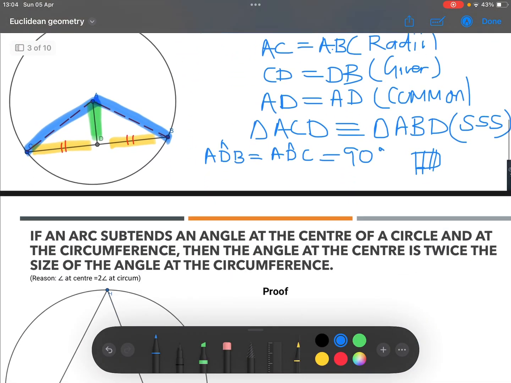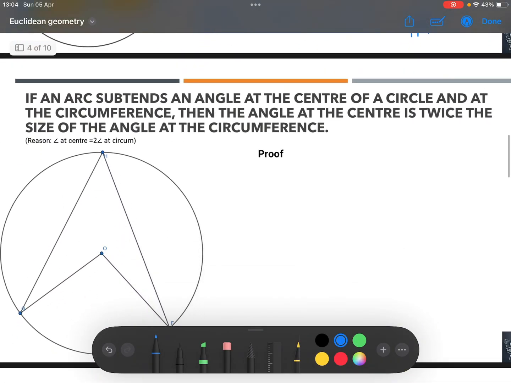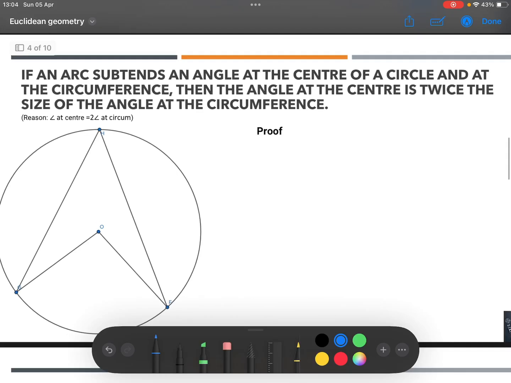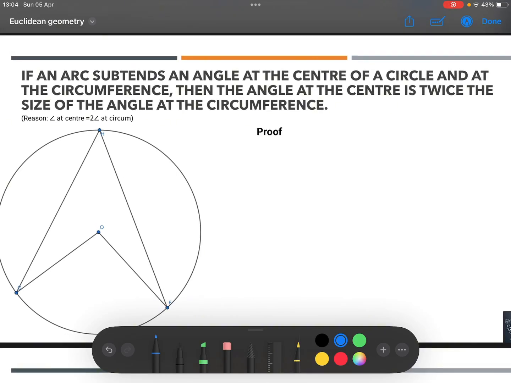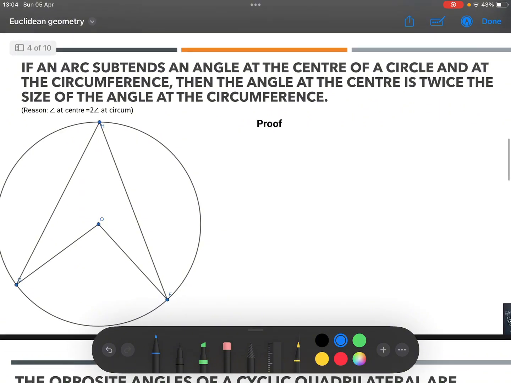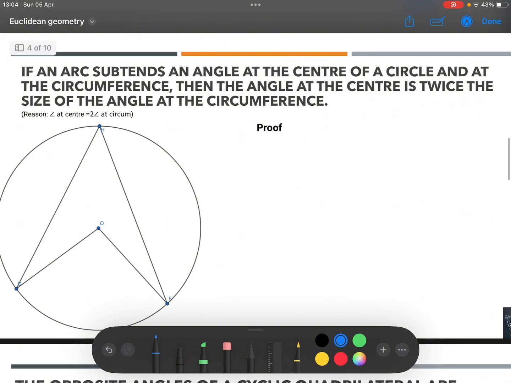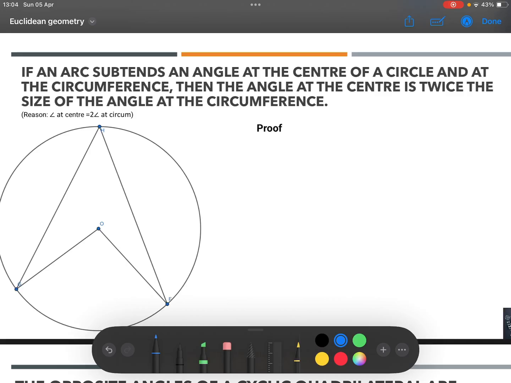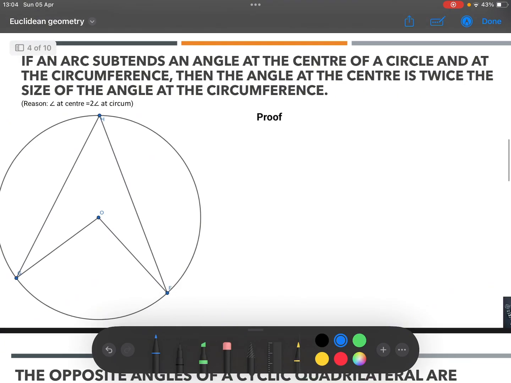Okay, we now move to theorem 3, part 3 of the video, and it is given that if an arc subtends an angle at the center of the circle.